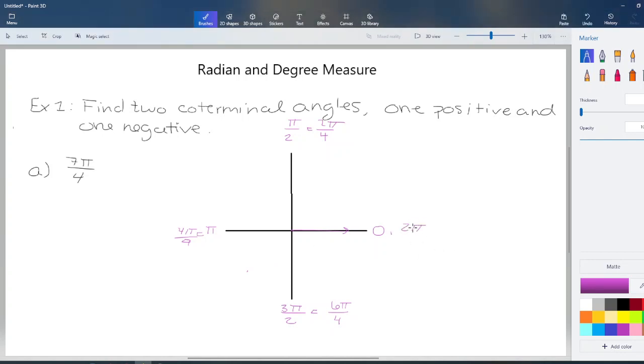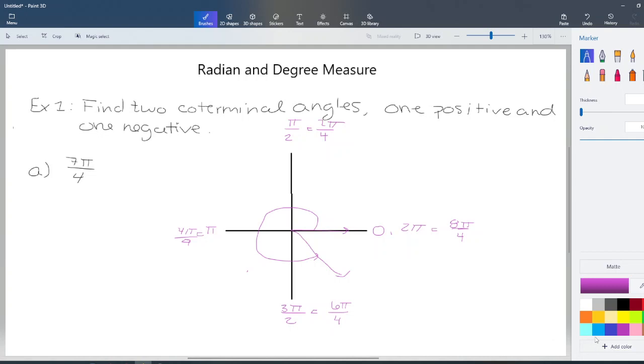Well, one whole rotation is 2 pi, right, which would be the same as 8 pi over 4. So we can see that this is not going to make it the whole way around. We're going to fall somewhere here between 6 pi over 4 and 8 pi over 4, right? And our angle is opening this way.